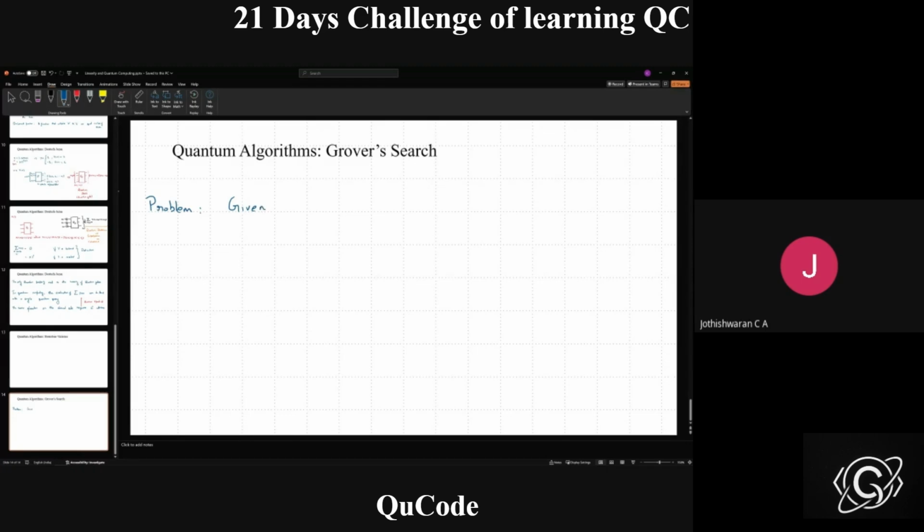Given a Boolean function that evaluates to 1 at only 1 point. Only 1 input point.